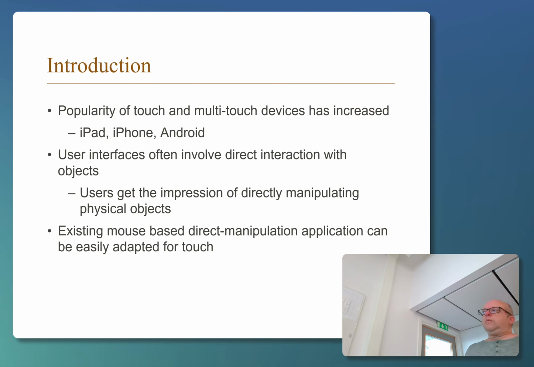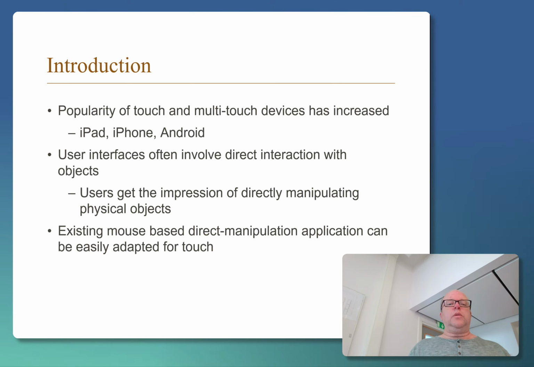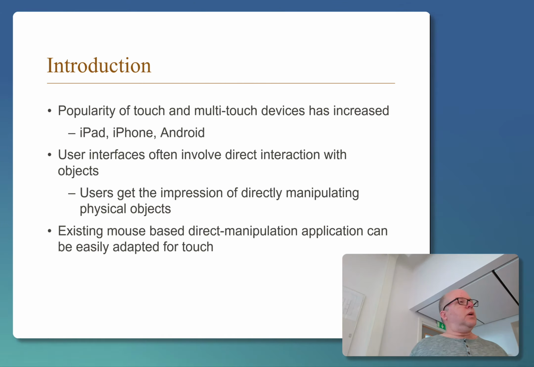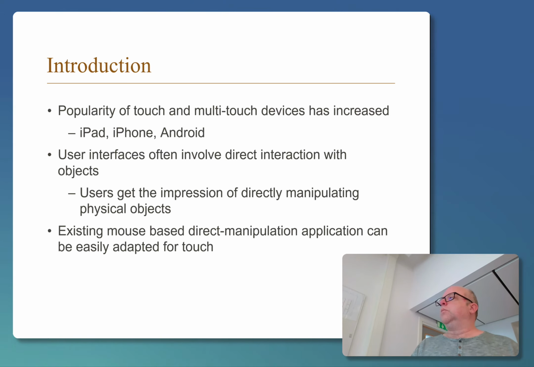The touch concept, to work with touch on your computer, has increased with the introduction of iPad, iPhone, and Android. And most PCs today, at least the Windows-based machines, have a touch-based interface on the screen, so you can touch your screen.